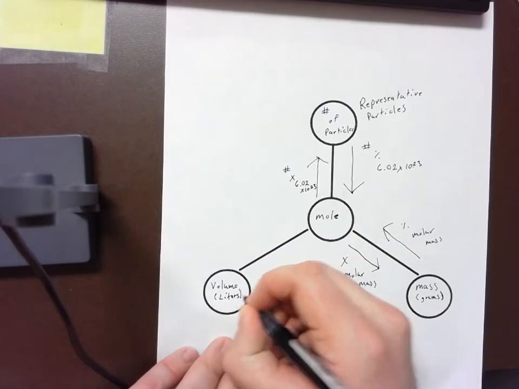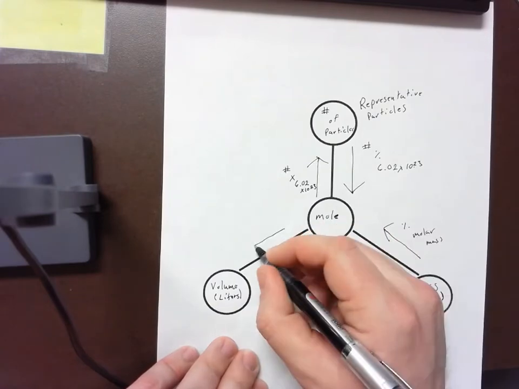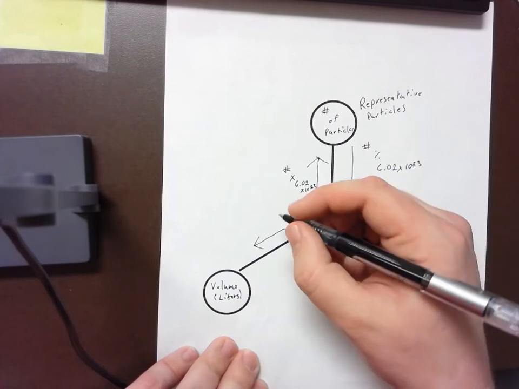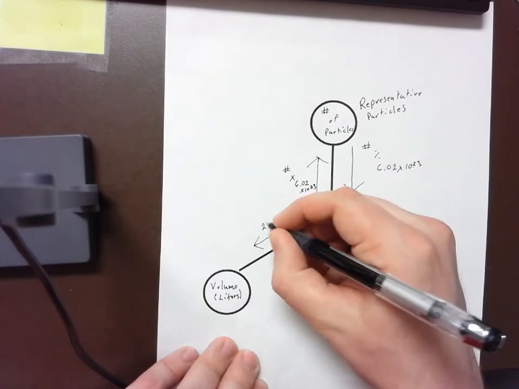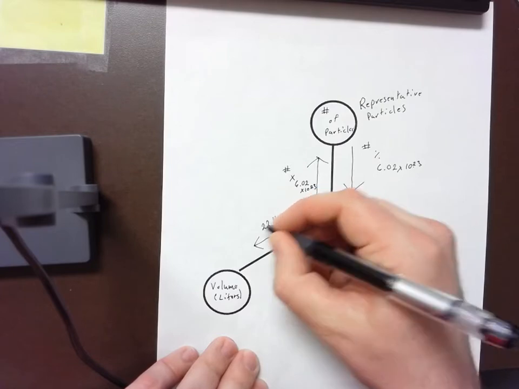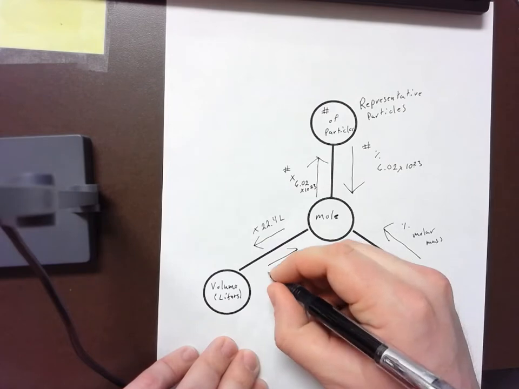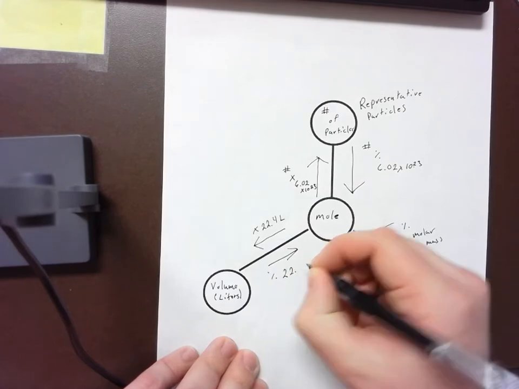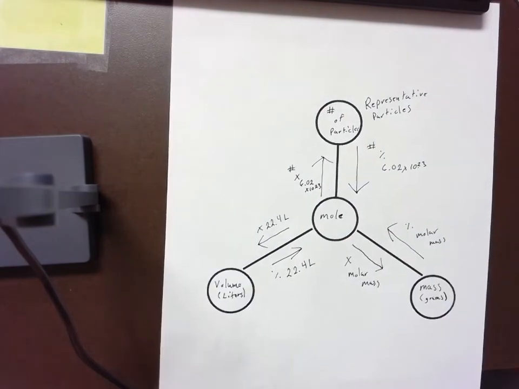When we're going from moles to volume, it will be times 22.4 liters. And if we are headed back to moles, we just divide by 22.4 liters. Make sense? Okay.